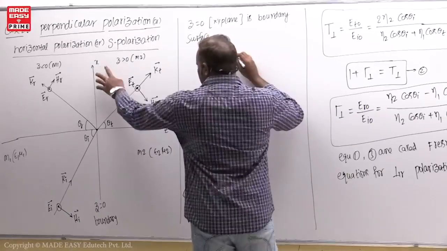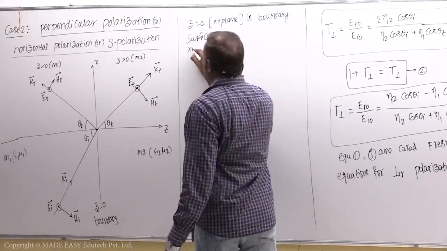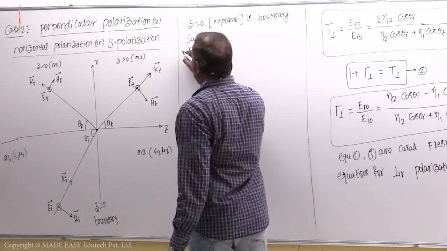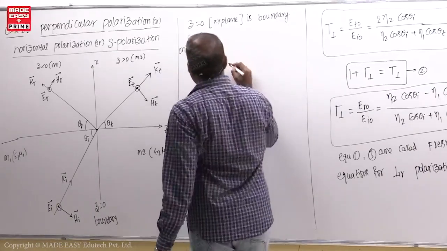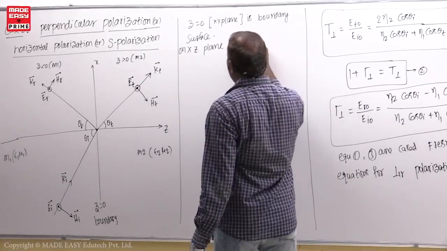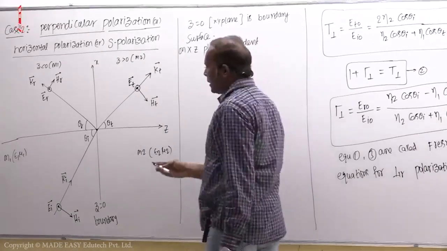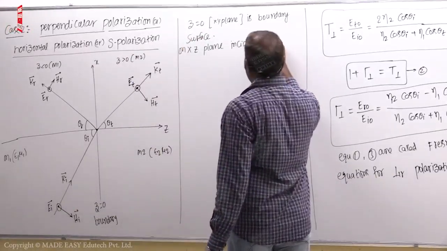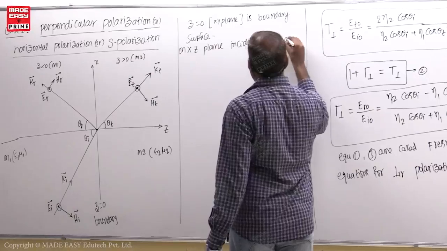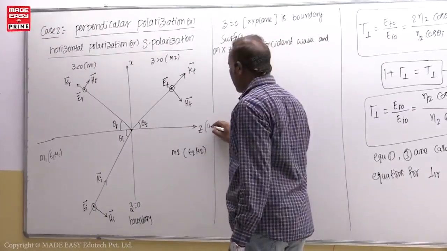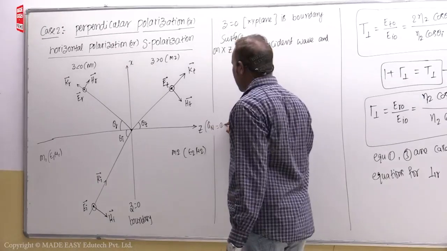Next, the XZ plane, or otherwise on the XZ plane, the incident wave and a_N cap. This is nothing but a_N cap only, that is a_Z cap.